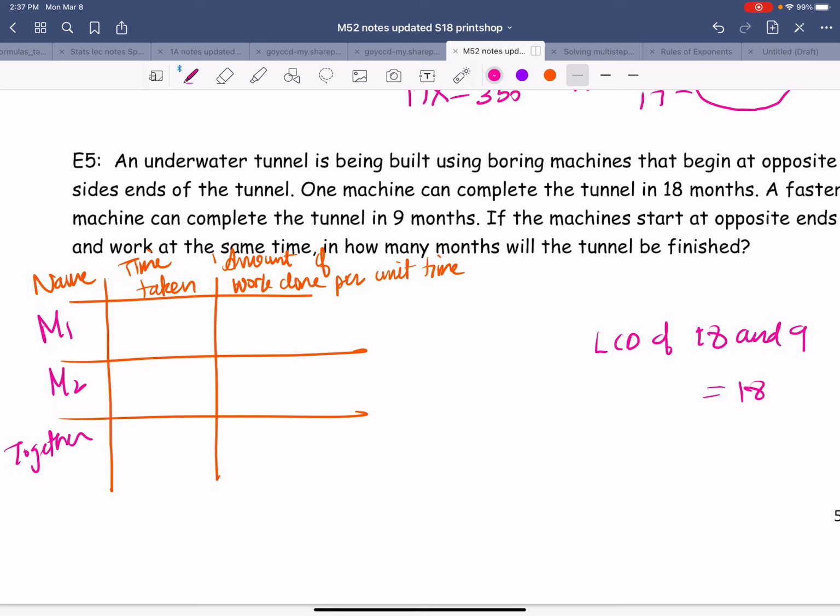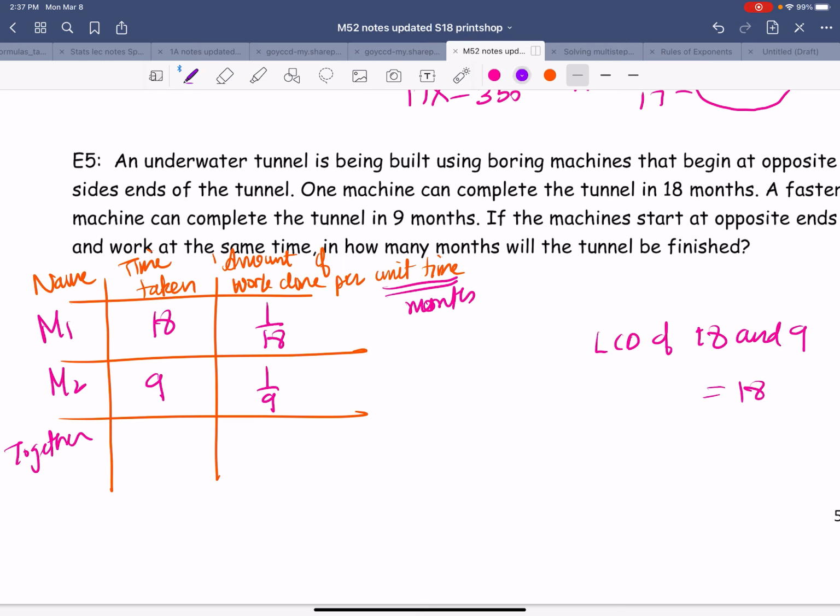Machine 1 takes 18 months, and it will be doing 1/18 of the work per month. The unit of time in this case is a month. The second machine takes 9 months, and it would be doing 1/9 of the work per month.